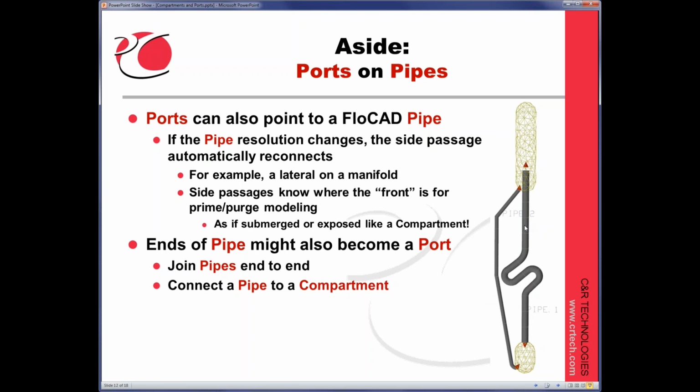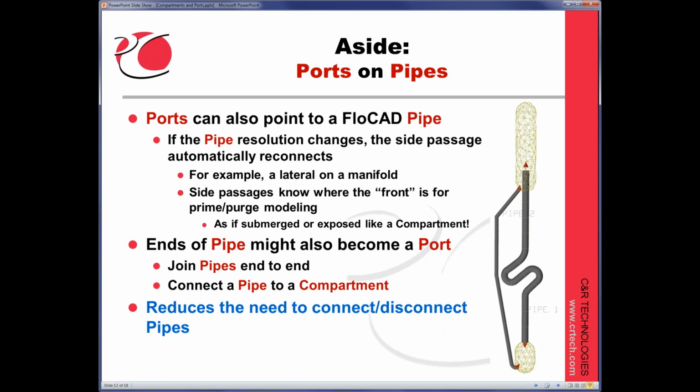If you're using FloCAD, you'll know that they start out as junctions. In prior versions, you can actually change them and say, no, I don't want a junction, I would like it to become a port. And the real reason I'm emphasizing this is that in the past, version 5.7 and earlier, if you wanted to do things like this, you had to connect or disconnect pipes. And as you might have learned, once you do that, you can't change the resolution.